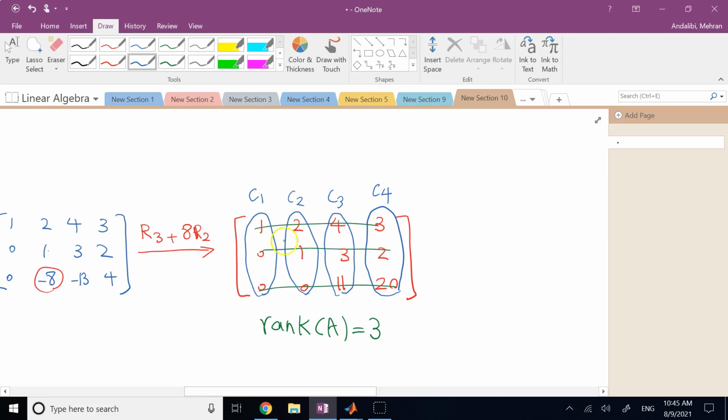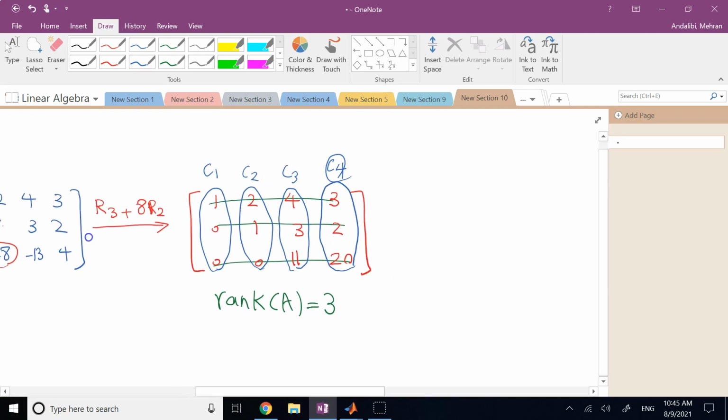Clearly, there are 3 linearly independent columns. So a combination of these 3 will form any 3D vector, and one of those 3D vectors can be C4. So definitely C4 can always be written as a linear combination of C1, C2, and C3. There is no doubt about it, right?